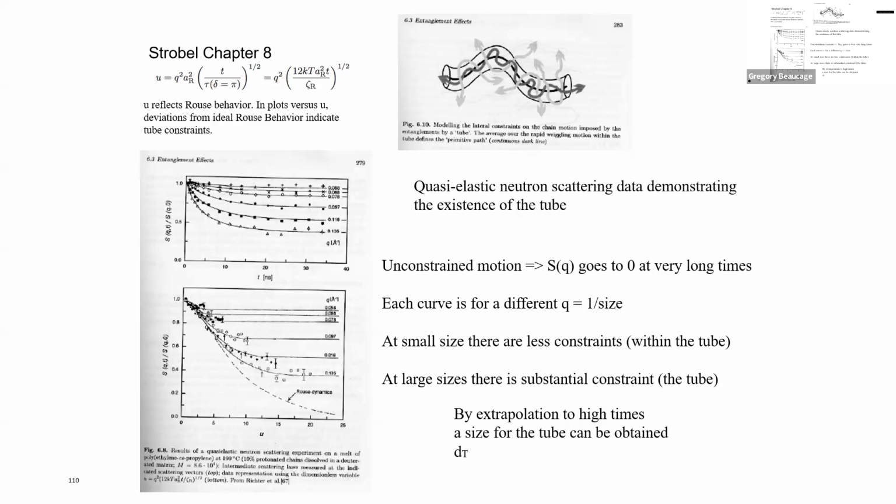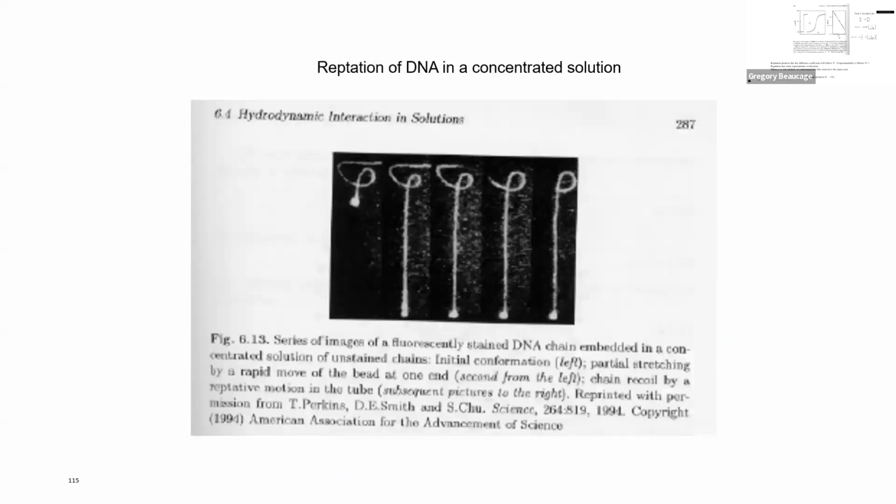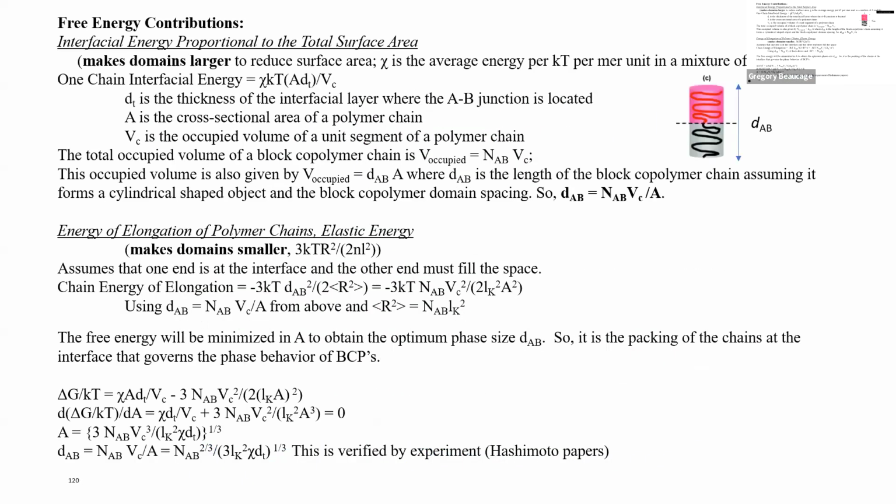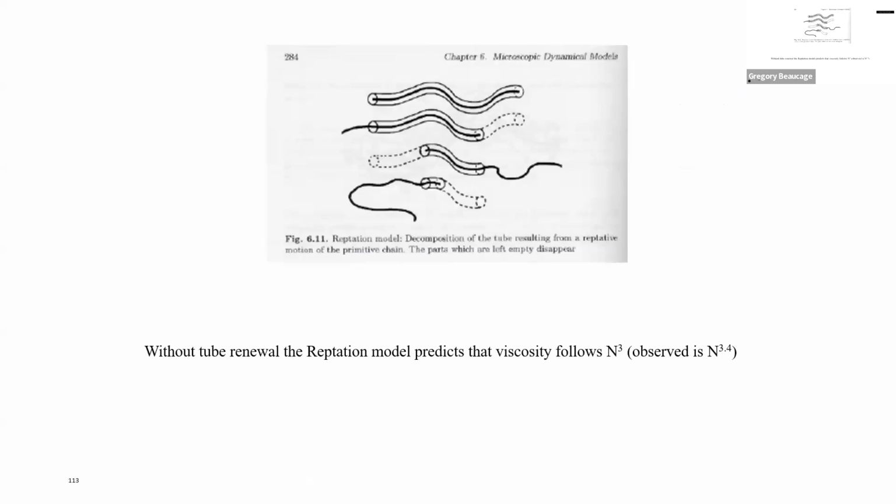So the chains start to be able to entangle around 10,000. But if you look at different size scales, you see Rouse dynamics at the high end, and this plot doesn't show the second crossover.